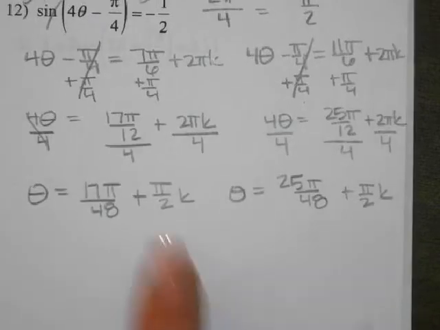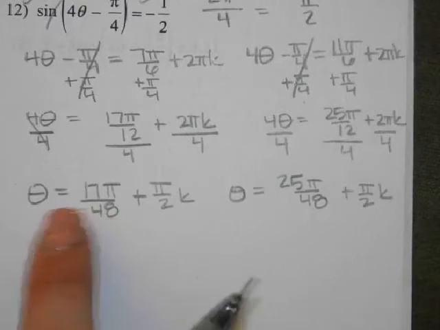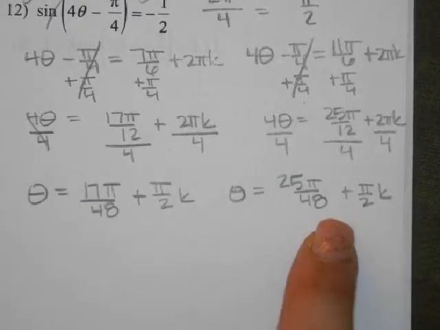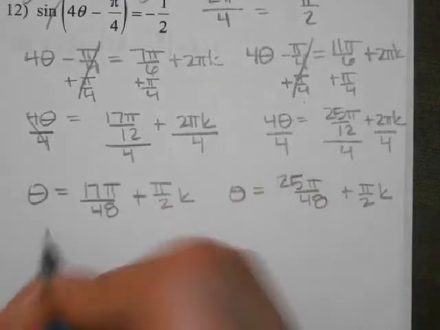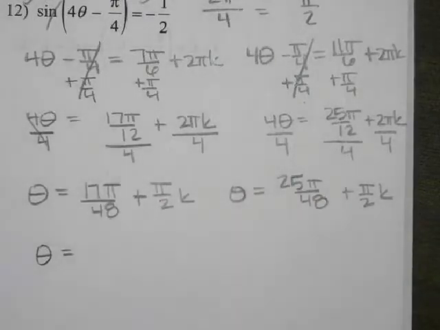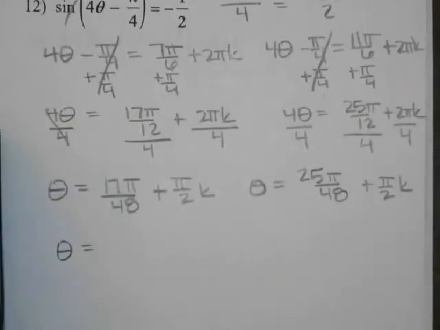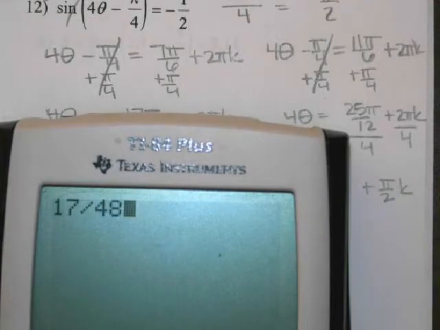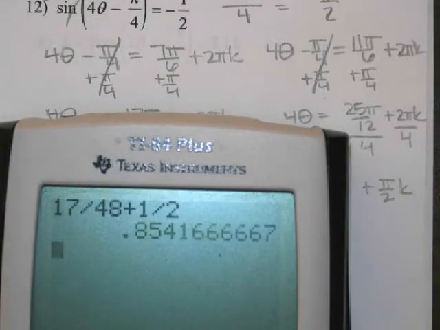Okay. So since the period of the graph is pi halves, we're going to expect to get 4 answers from this one and 4 answers from this one. Okay, we get half from each. So theta equals, I'm going to go ahead and type 17/48 in my calculator. And I'm adding 1/2.